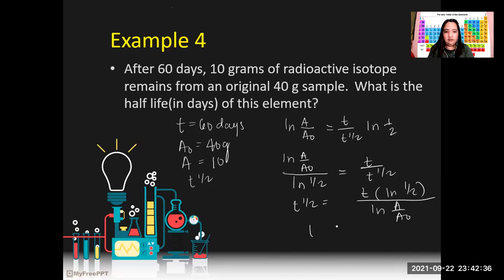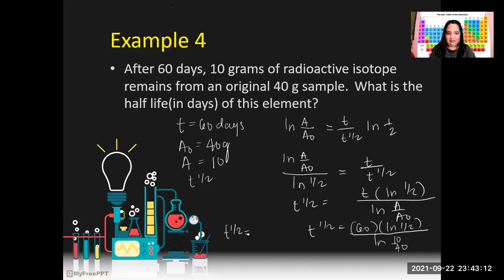So t 1/2 now is equal to, what is t? t is 60 multiplied by ln of 1/2 all over ln of A over A0, so that will be 10 over 40. I haven't solved it, but I just know the answer and I want to validate it as well.